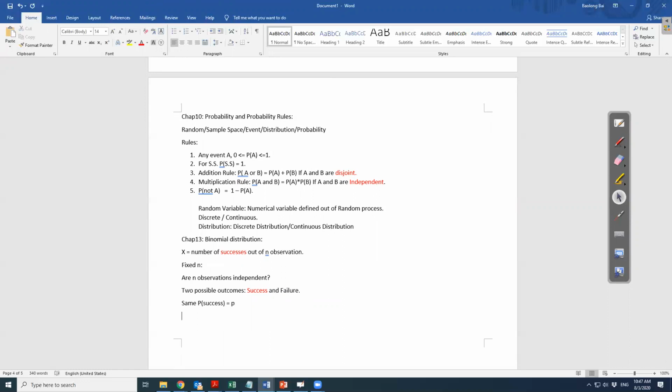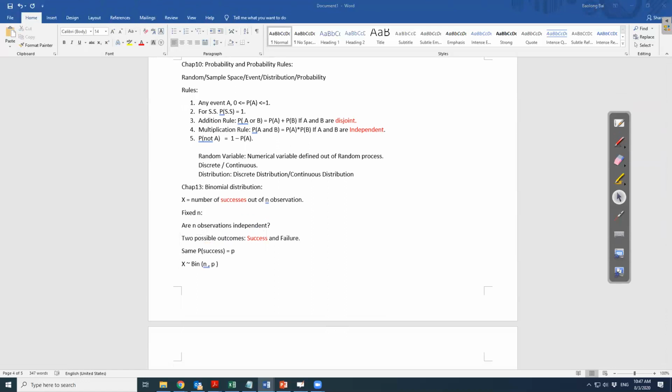Okay, so if the 4 settings are all satisfied, we can conclude the variable x will be a binomial variable with n and p coming from setting number 1 and setting number 4, right? Okay. So if you realize a variable is a binomial variable, then we can do some calculations to get the probability and also the population mean and the population standard deviation.